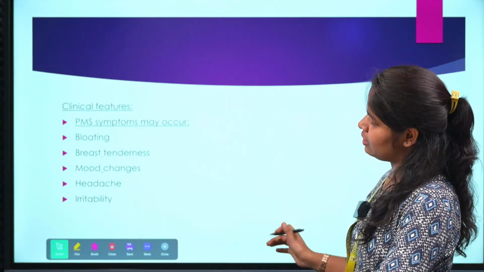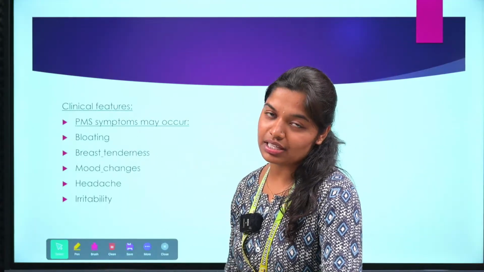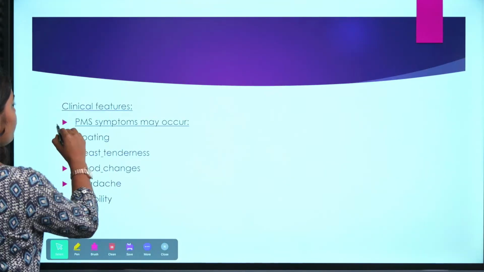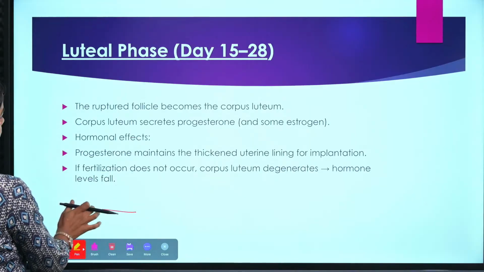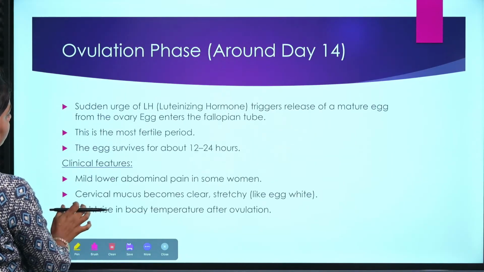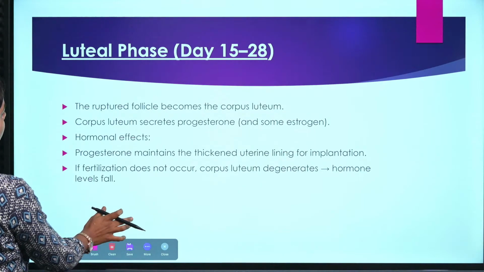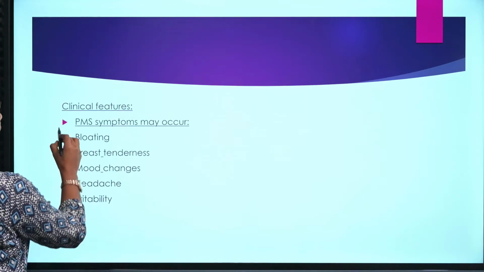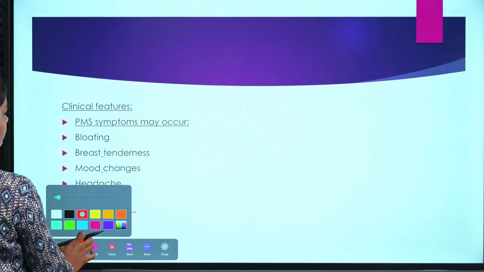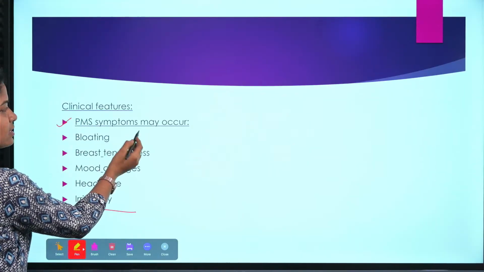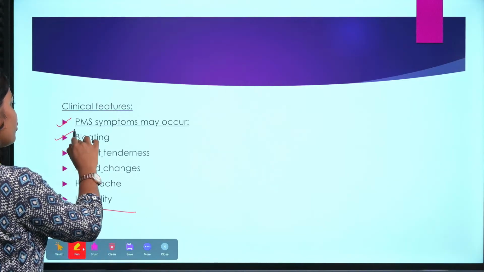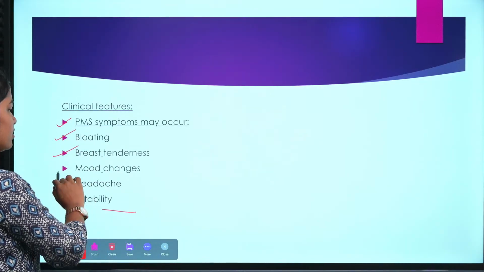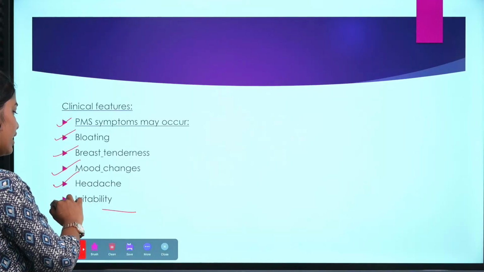Next is clinical features. In the luteal phase, what are all the symptoms that happen in the woman's body? These include post-menstrual symptoms, which may occur after the luteal phase: bloating of the abdomen, breast tenderness, mood changes, headache and irritability.